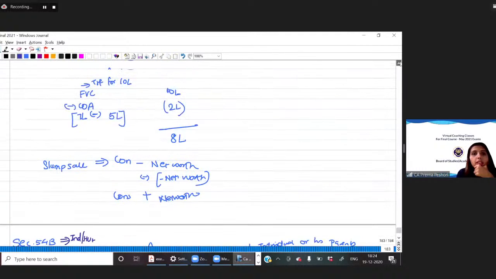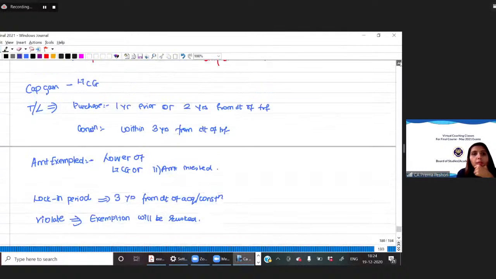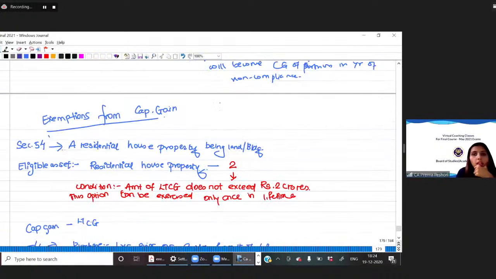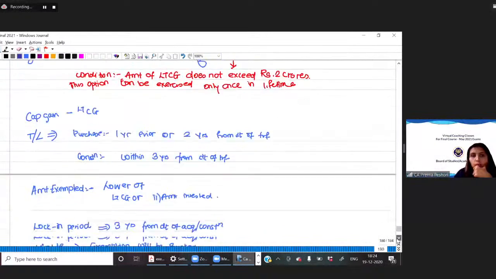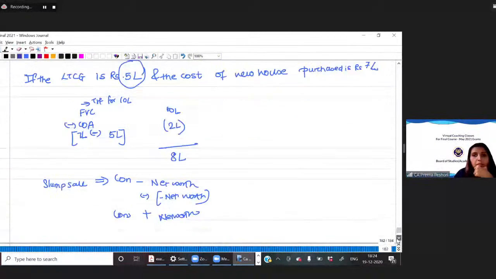Similarly is the case with section 54. And the third one which we are talking about, 54D, is available to any person.